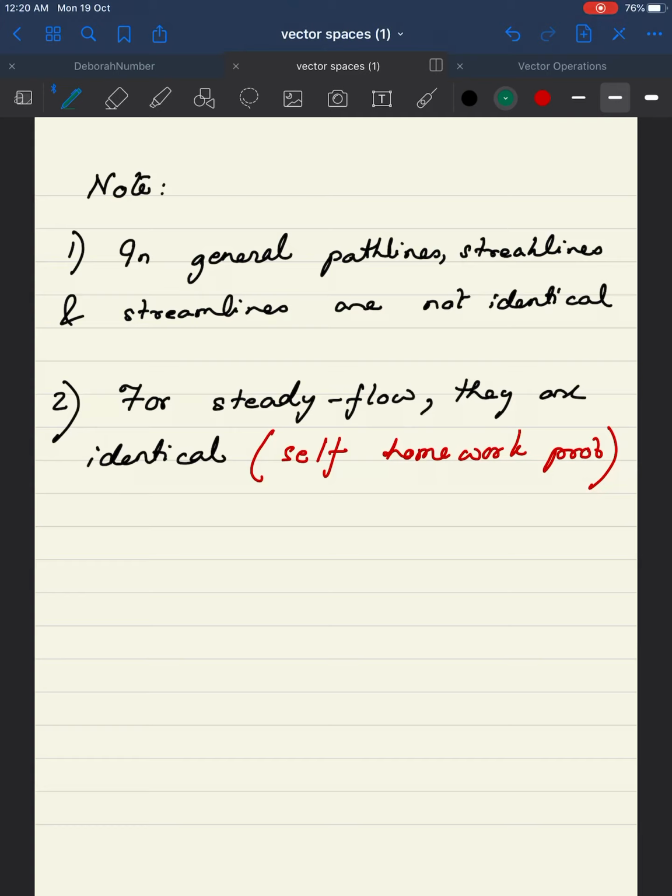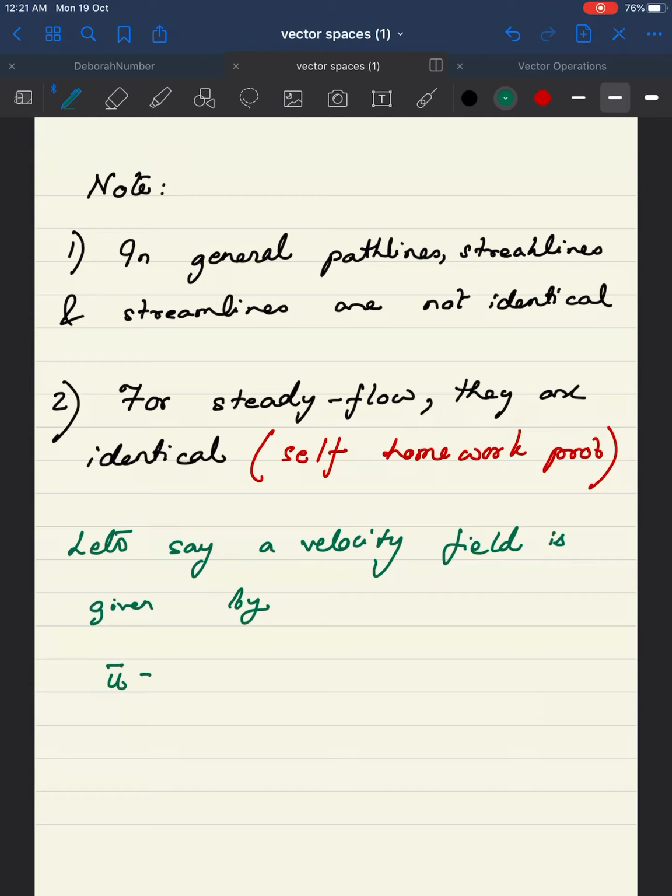So let's say a velocity field is given by, let's say there's a two-dimensional velocity field and it is known to you.